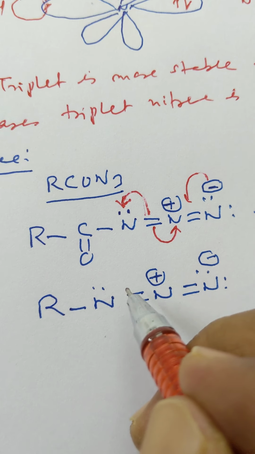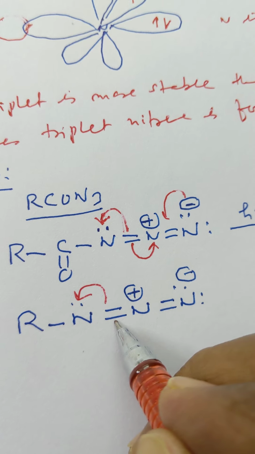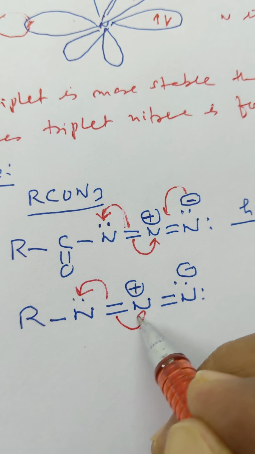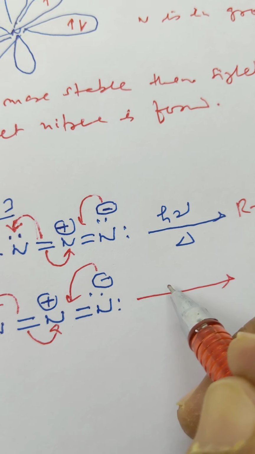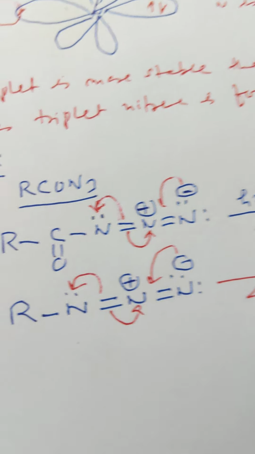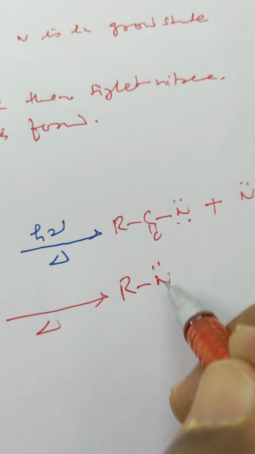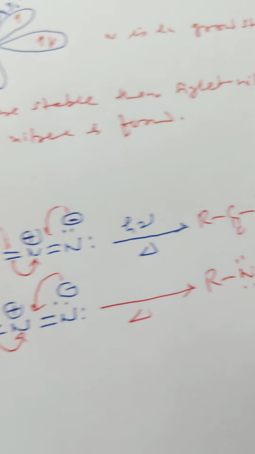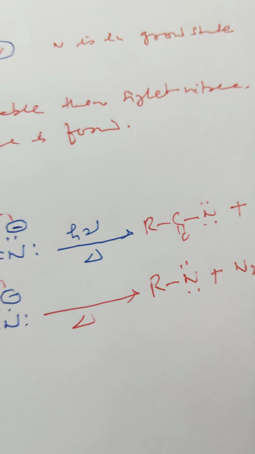This electron pair comes over here, and this electron pair is taken by the positively charged nitrogen, and this electron pair comes over here, and after this heating or light, it will form RN plus another product, nitrogen in this case.